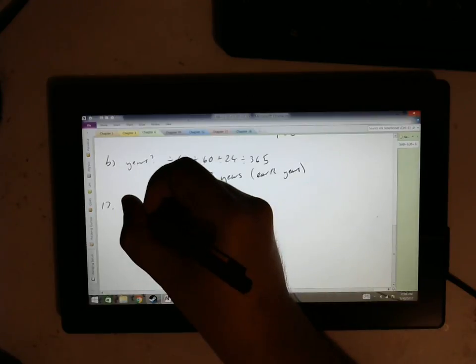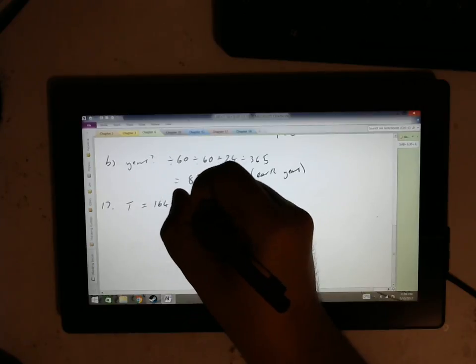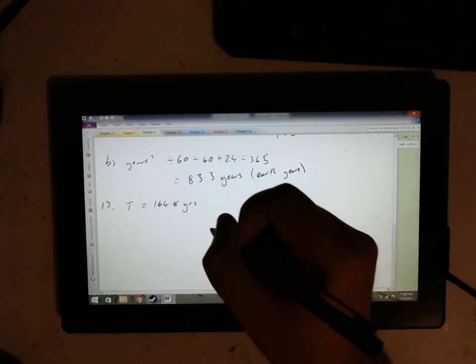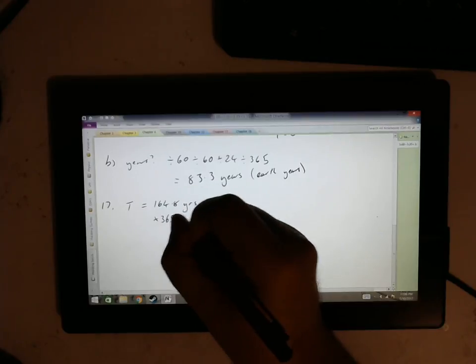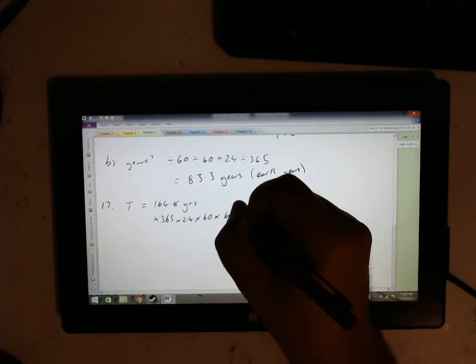So let's see, we've got T equals 164.8 years. Let's multiply that by 365 for days, 24 for hours, 60 for minutes, 60 for seconds.